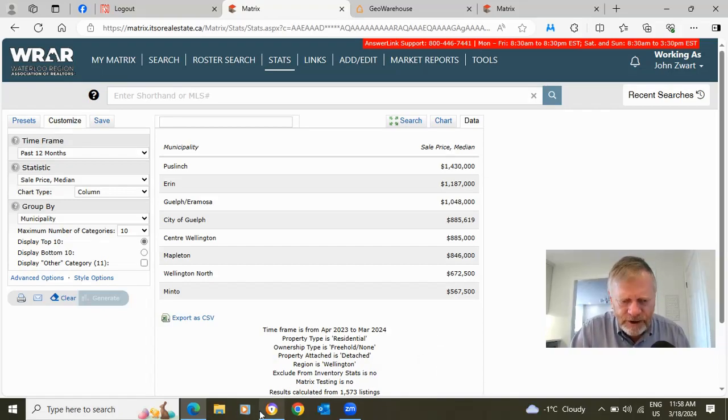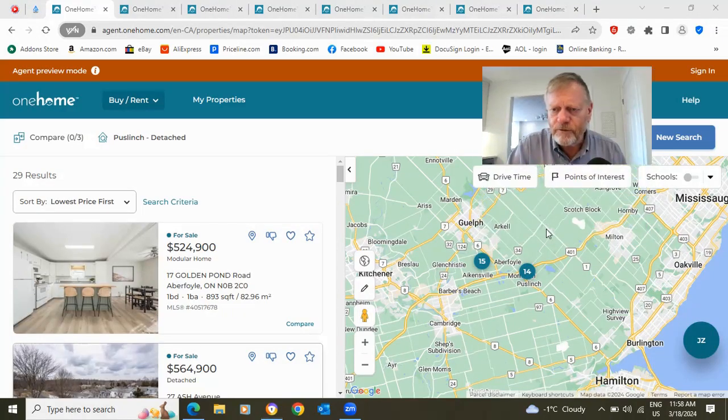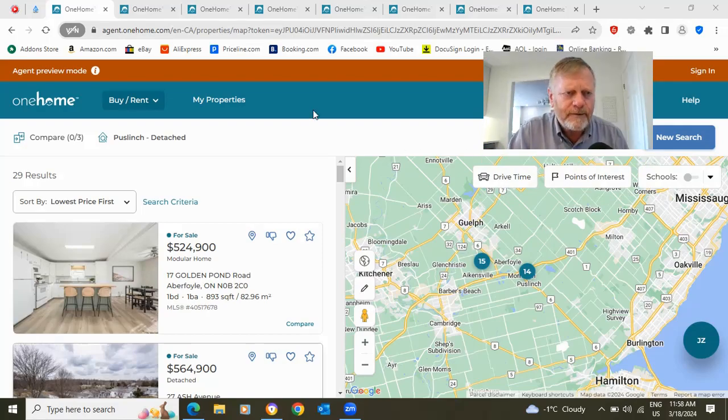Now, I'm going to switch to another thing here, and I'm going to have to move this over. What we've got here are all of these tabs. I've set them up ahead of time, and basically they pertain to the various municipalities that we talked about earlier.